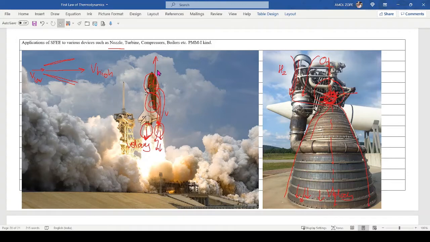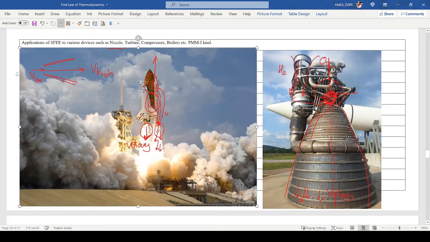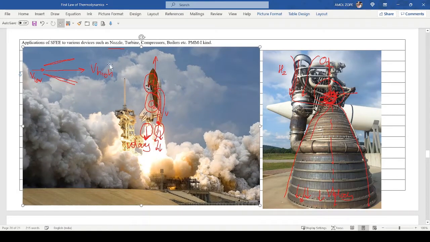So for this, if we apply the steady flow energy equation, what we can write down is Q = W + ΔH + ΔKE + ΔPE. This is the steady flow energy equation.